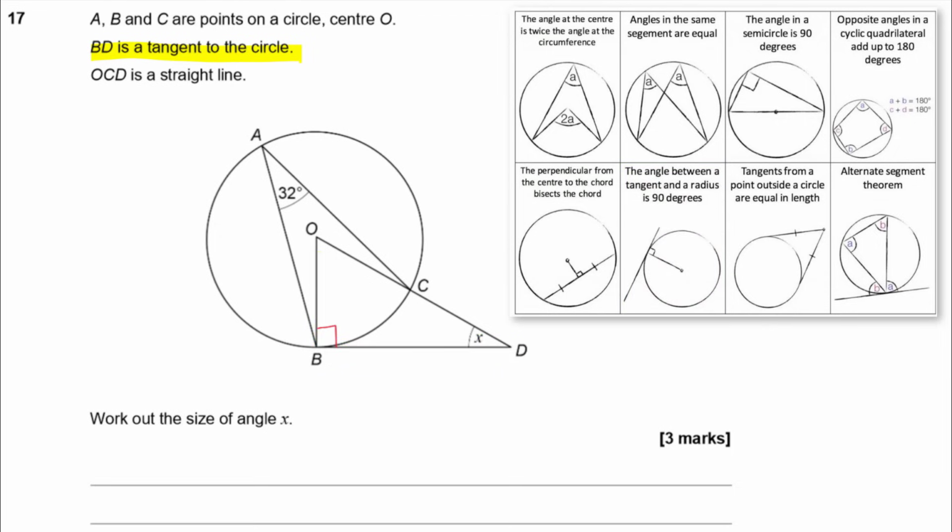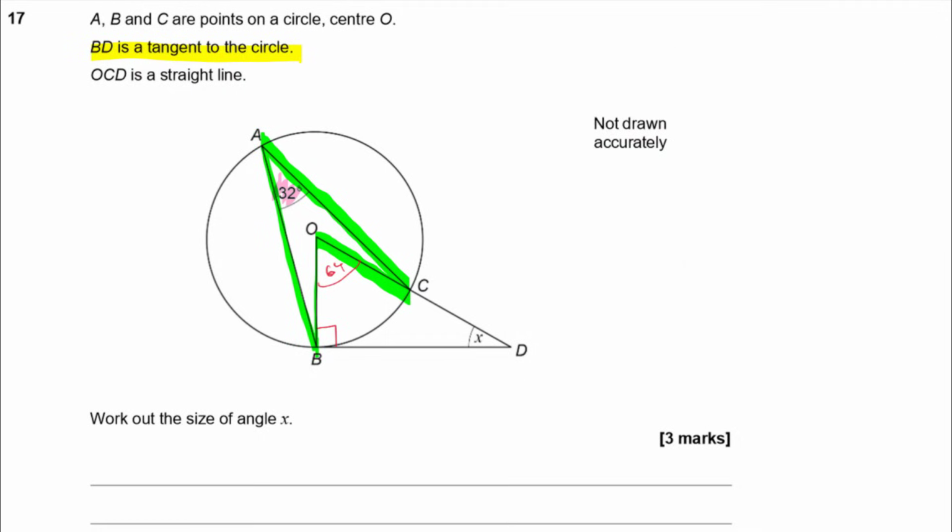Okay. Now, the second circle theorem that I can use is the fact that the angle at the center is twice the angle at the circumference. So that angle there being 32, if I double it, I'm going to get the angle here, which must be 64. So I've found two angles in this triangle down here, haven't I?